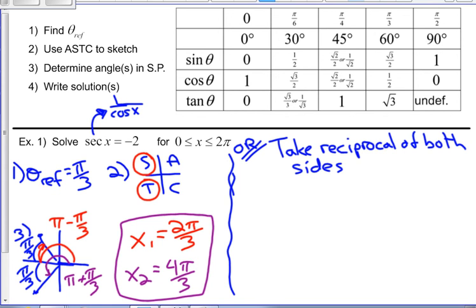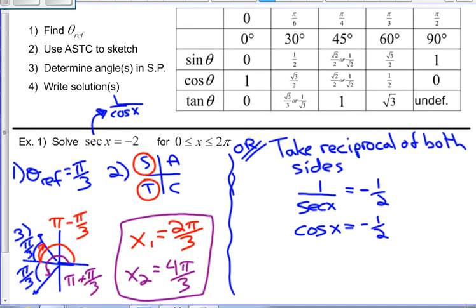That means on the left we'd have 1 over secant x, and on the right we'd have negative 1/2. Well, 1 over secant x, that's cos x. The reciprocal of secant is going to be cosine, and vice versa. Now we're back to dealing with the primary trig ratios, which is what we've done in the past couple of videos.